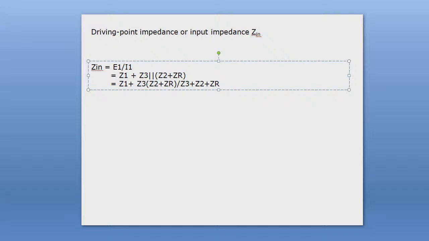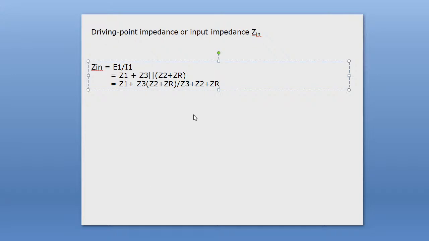Okay. Now, if I ask you what will be the expression of input or driving point admittance, you can write 1 by Z in.